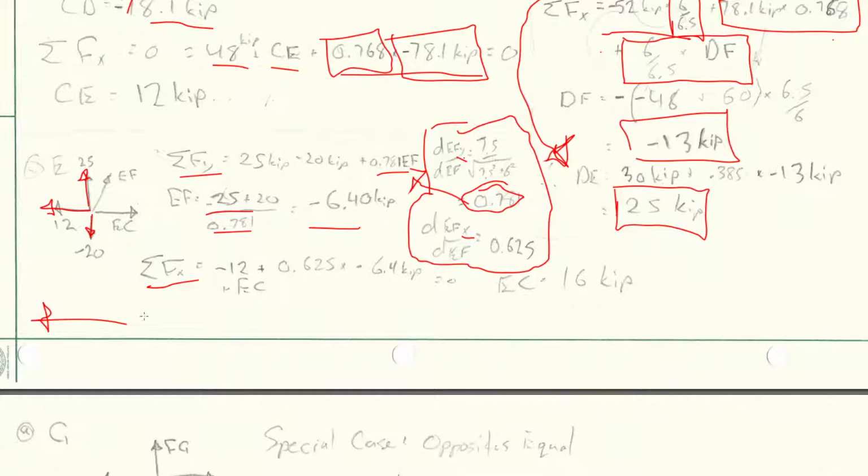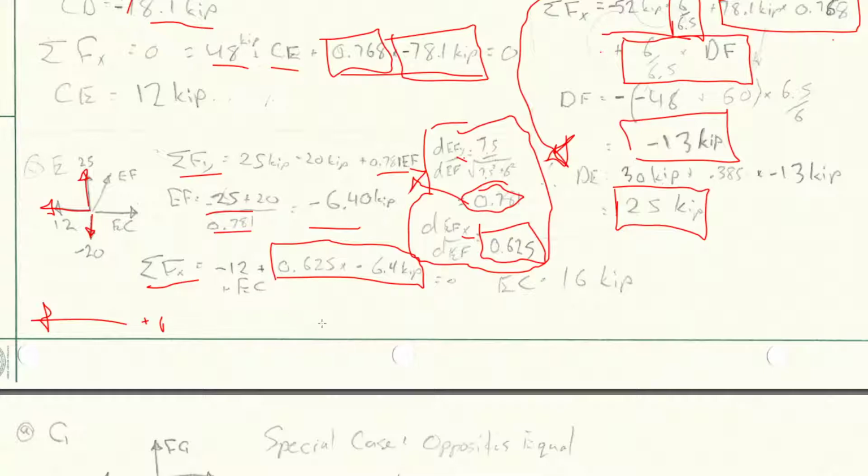And we've got EC, and we've got the 6.4 kips negative, because that's in compression, so it's actually pushing this way, times its x component of the unit vector, plus our EC here.